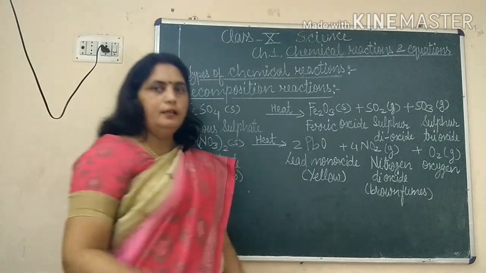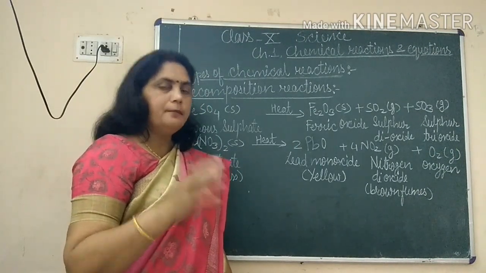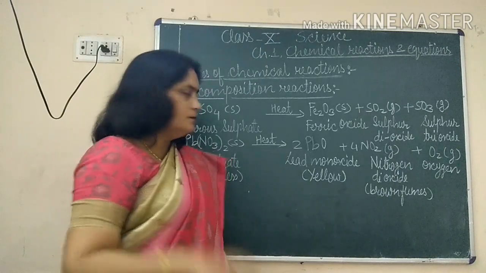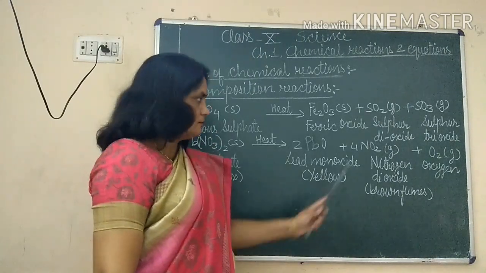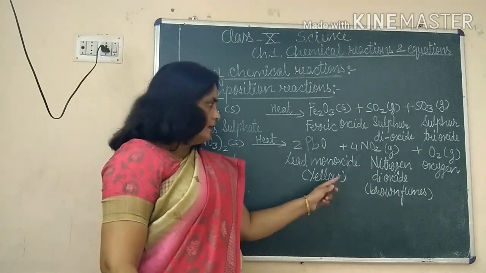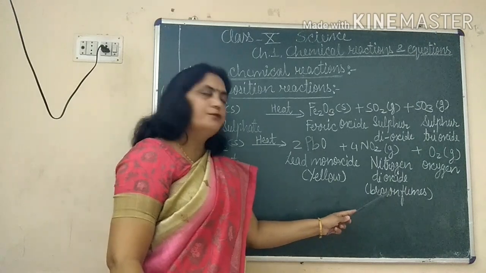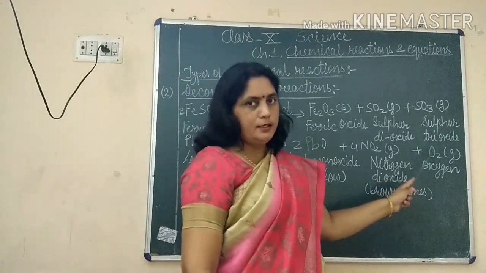Actually, on heating, at the beginning, it is reddish brown in color, but as it is cooled down, it becomes yellow. Then nitrogen dioxide, it is a gas and it comes out in the form of brown fumes. And then oxygen.